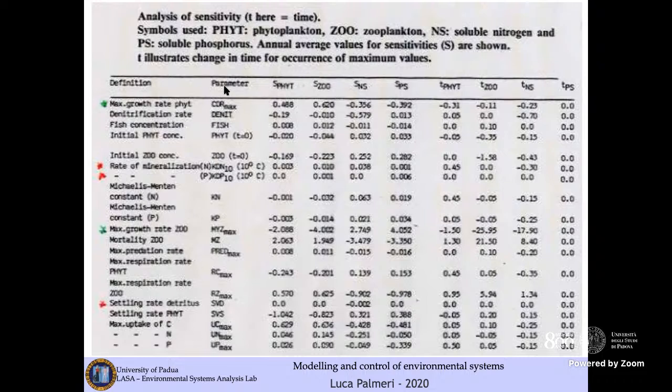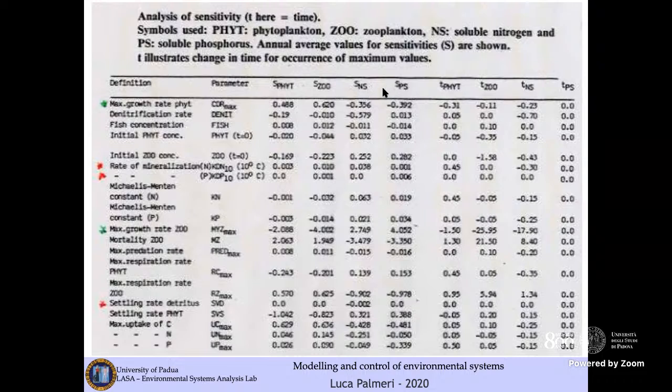Then the sensitivity analysis: this is the sensitivity, for example, of the variable phytoplankton, of the state variable zooplankton, of the state variable soluble nitrogen, and so on, or soluble phosphorus.